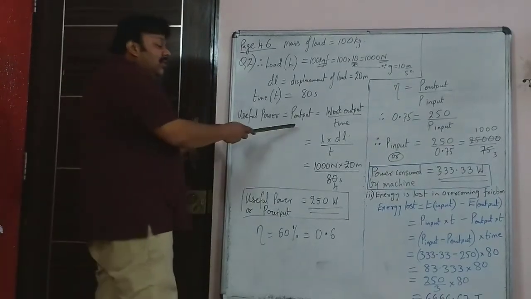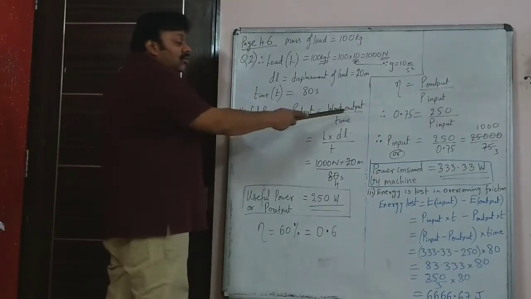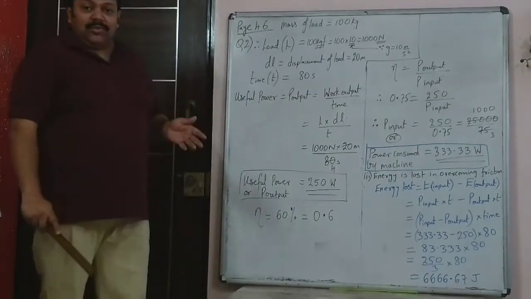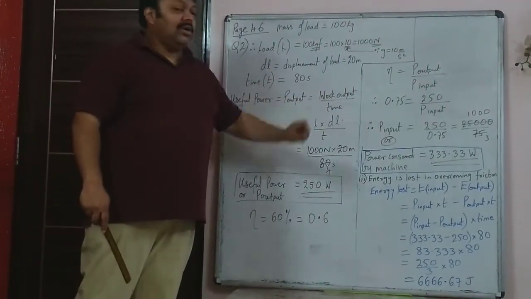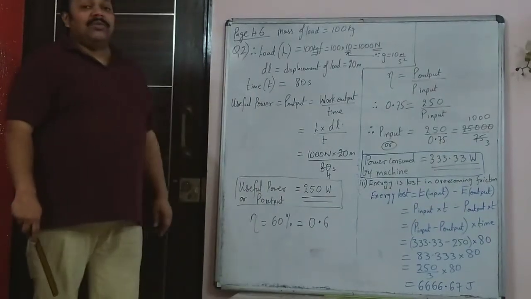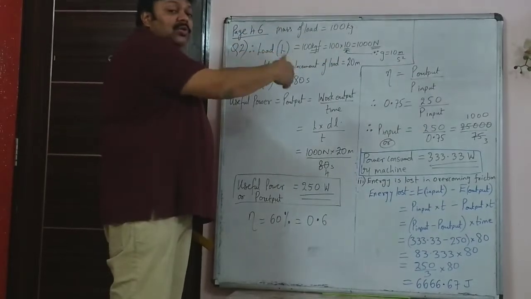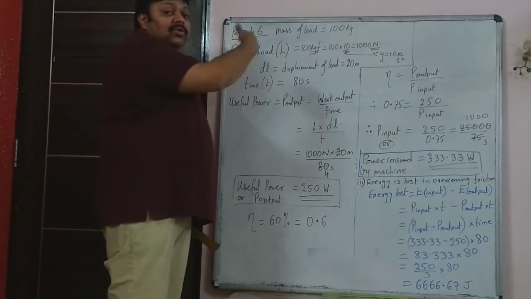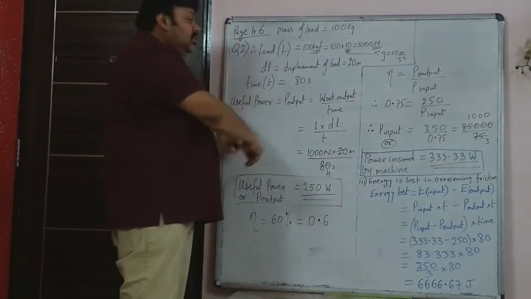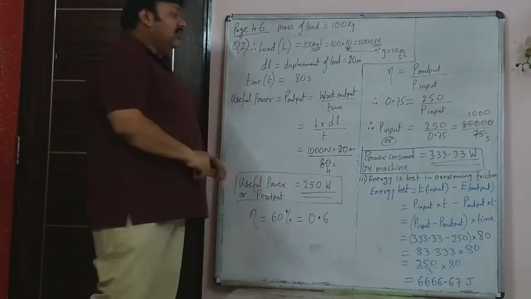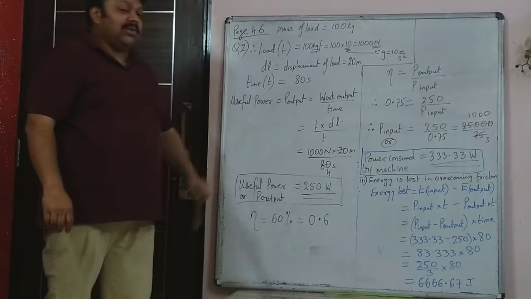So the power formula for output power, that is the useful power, would be work output upon time. Power is work upon time. Now here it is output power, so it would be work output upon time. And on the output side of the machine, what do you have? On the input side you have effort, and on the output side you have load. Input effort, output load. So on the output side, work is F into S, so work is load into displacement of load.